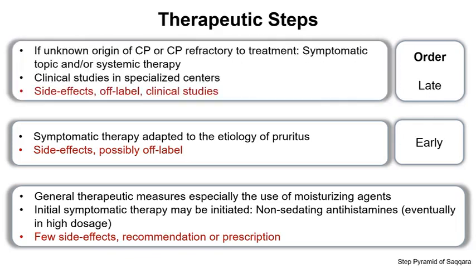And if this does not help, or if we do not find the underlying etiology, we have to consider using treatments that generally hinder the transmission of the signals from the periphery to the brain, like the gabapentinoids, for example. Again, here we have to consider side effects. Of course, we are now in the off-label area, or we can invite patients to participate in clinical trials.